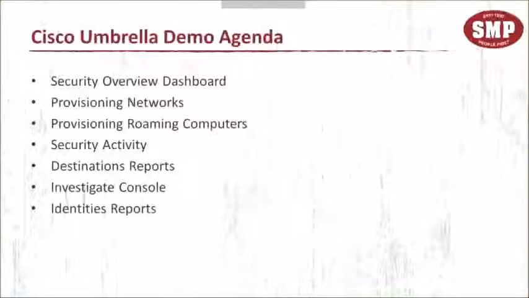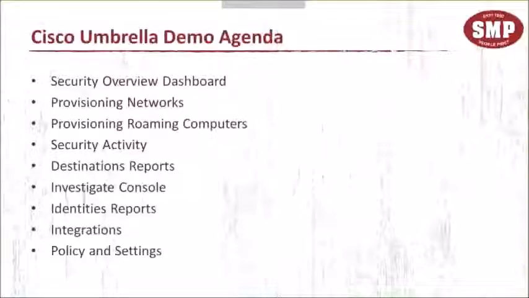We'll also go through identity reports, looking at activity within the environment that Umbrella has captured based on users, computers, and networks, and be able to drill in and pivot based on those different entities. We'll also look at some of the integrations that I spoke on earlier, with the threat piece coming into Umbrella and the power of getting that additional threat intel. And then finally, we'll look at some policy and settings so that we can control what we're activating on an individual identity or individual user basis.